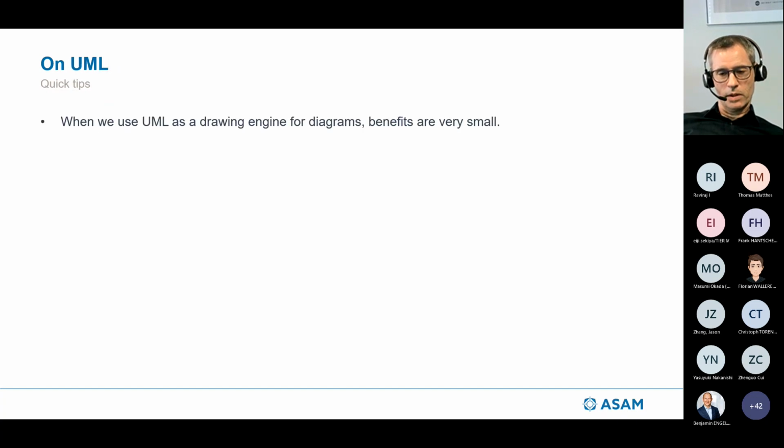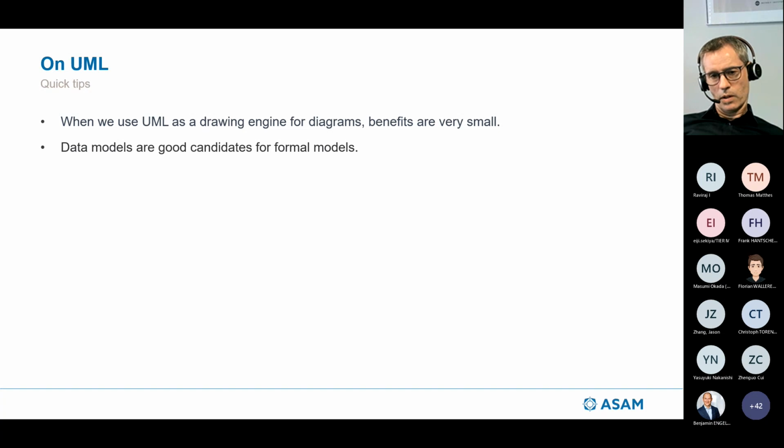And the last one is UML. From my experience, when you use it as a drawing engine for diagrams only, in a descriptive manner, the benefits are very small. You don't have many benefits in just drawing pictures.